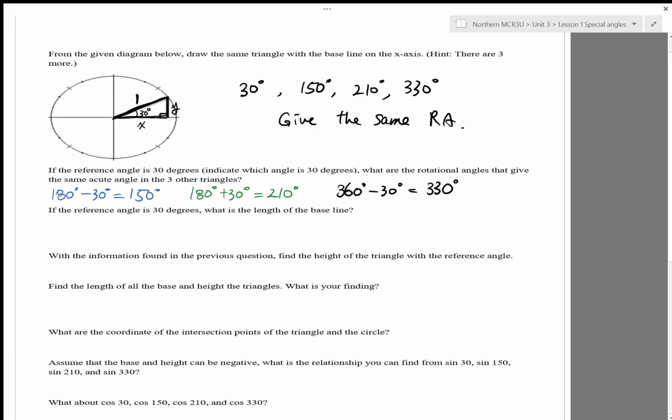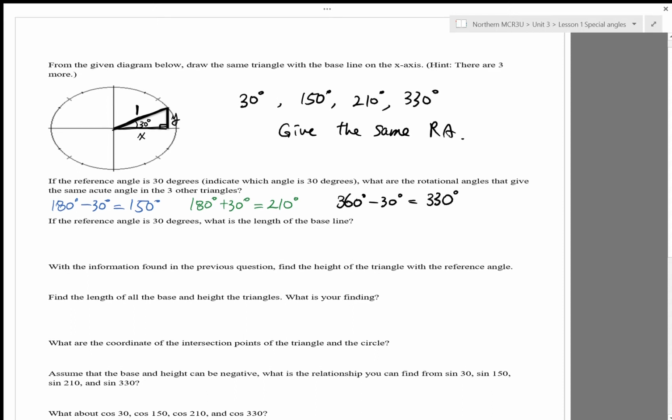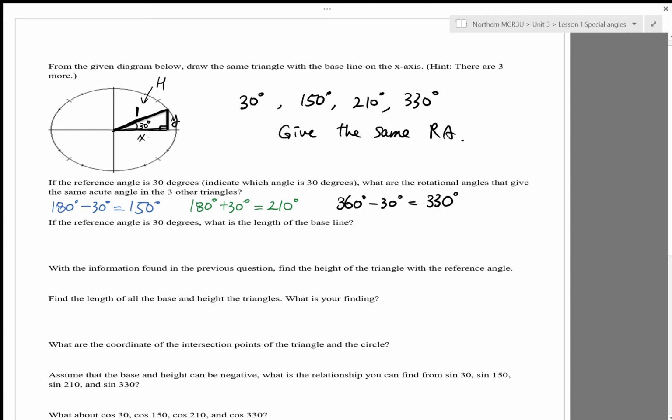So in order for us to find the baseline, which is the x, we have to use cosine, since this is the hypotenuse and this is the adjacent, right? So according to SOHCAHTOA, that is the cosine. So cosine 30 degrees is then x over 1. Now, instead of using a calculator, remember 30 degrees is one of the special angles.